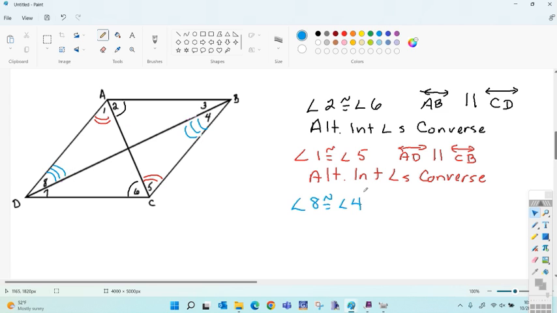Which lines would be parallel because of 8 and 4? Right now, our conclusion on these is that the lines are parallel, so which line is parallel to which line? For the red one, we look at the transversal, but we also look at what it's connected to. So you put that connected little up curve to this one and that one.